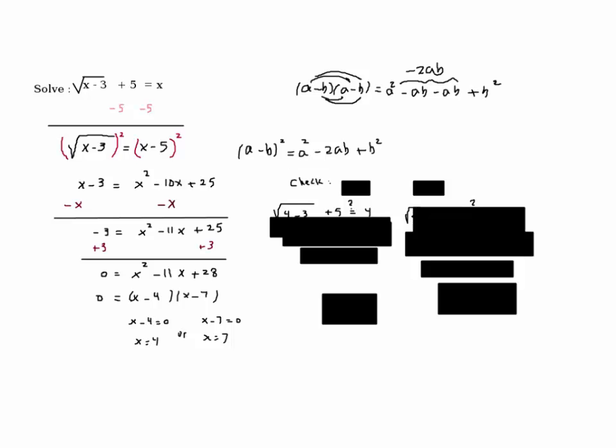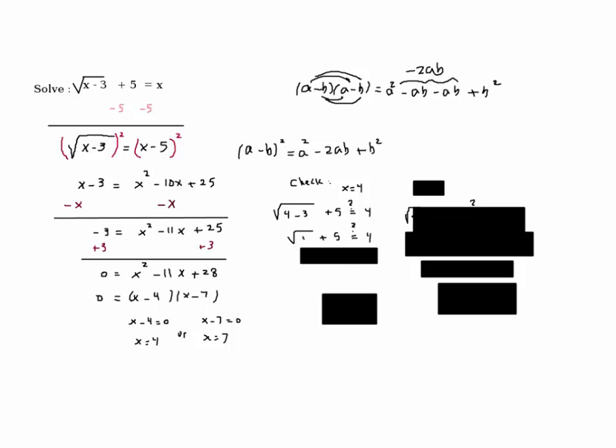We need to check the answer now. Make sure these are the correct answers, of course. So does 4 work, do you think? Anyone? If I substitute 4 here for x, I get 4 minus 3 under the radical.